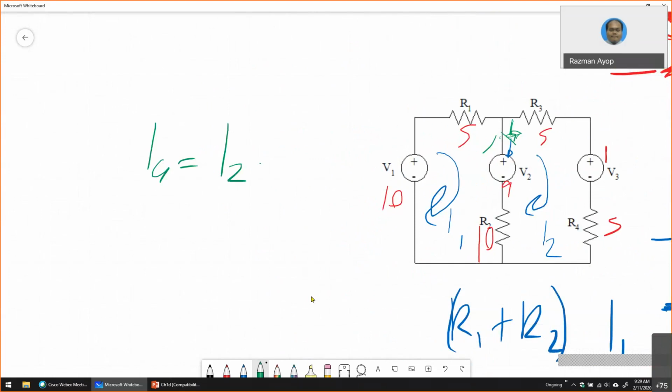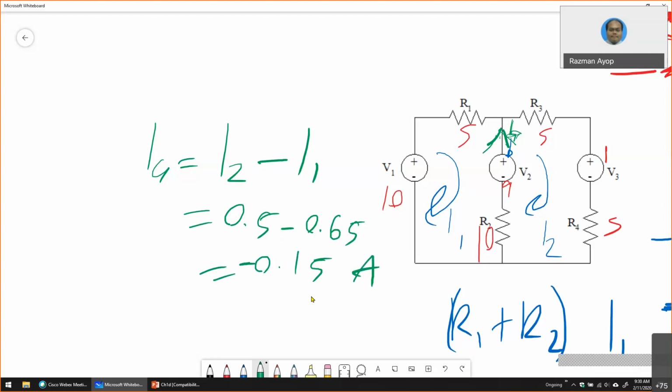You have to follow the loop current that goes up first and then the opposite one. So IA is 0.5 minus 0.65, so you get negative 0.15 ampere. So basically the direction is actually the opposite.